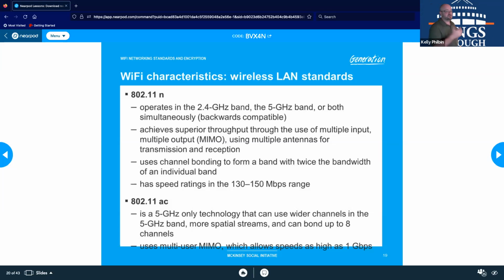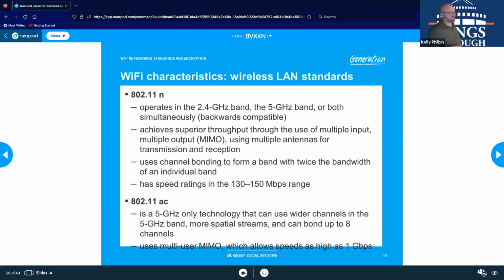So we can have more people on a single router than we could before. Because with just straight MIMO, or a lot of times with Wi-Fi, the problem is only one person can talk at a time. So everybody has to wait until everybody's done talking, and then you can talk. So only one device could talk at a time.